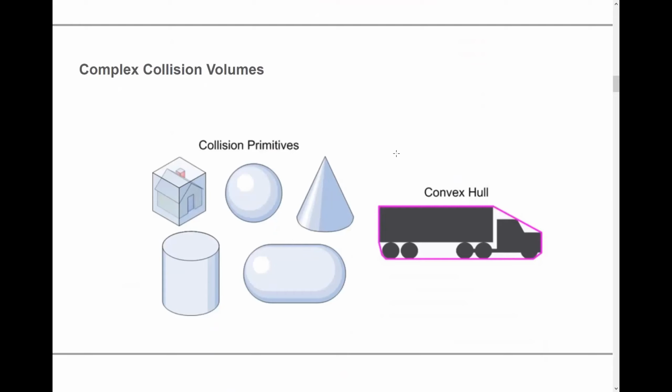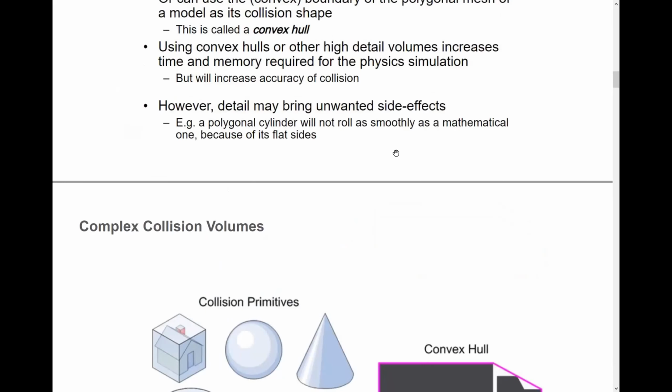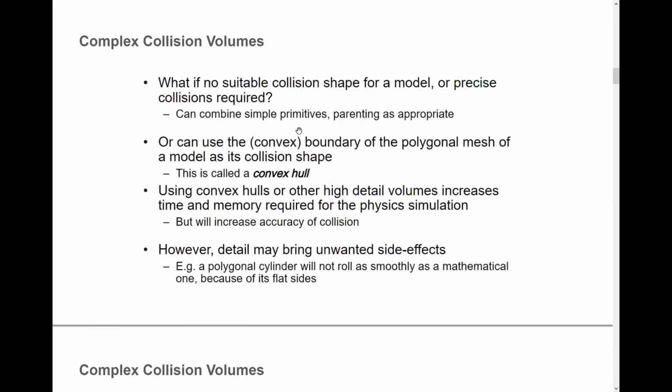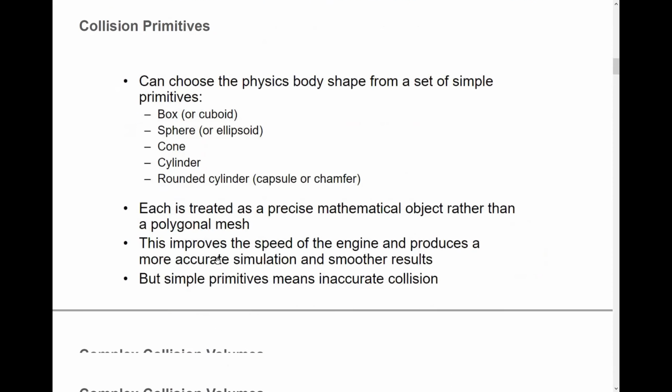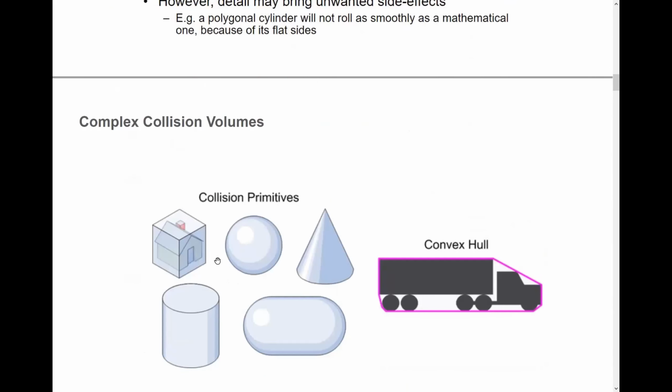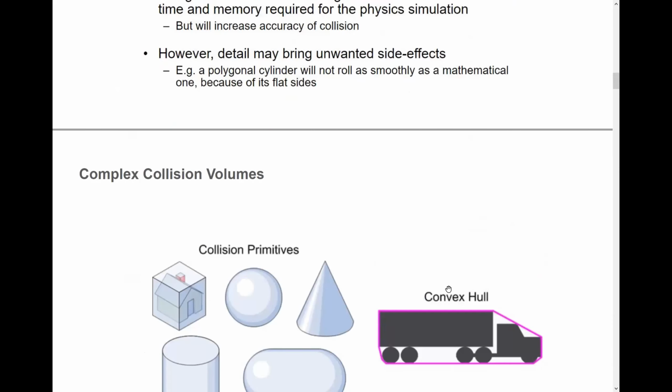As you can see, here we have used collision primitives, just like we discussed before. These are simple primitives: box, sphere, cone, cylinder, and so on. These simple primitives are used to come up with a convex hull like this.